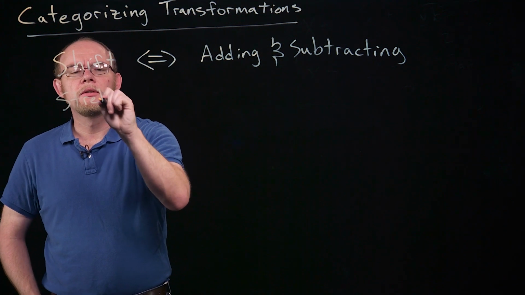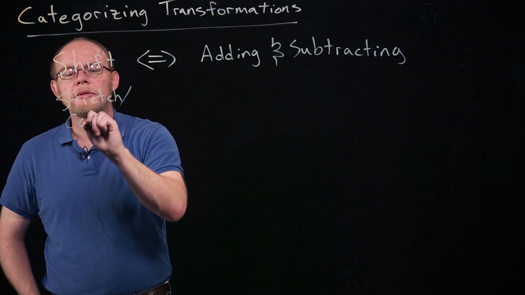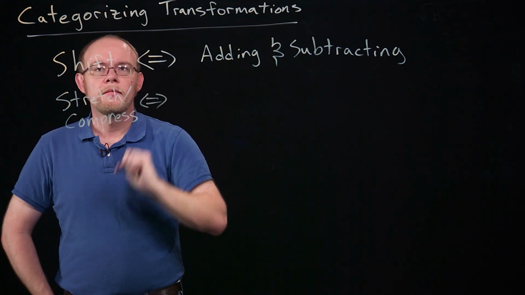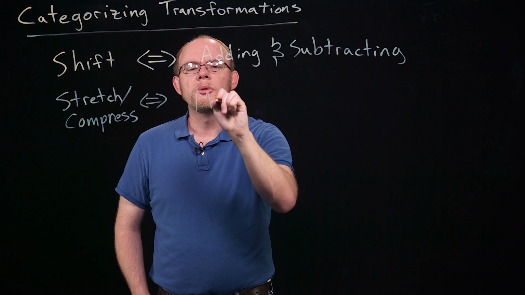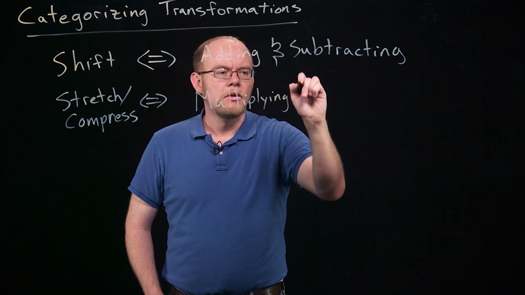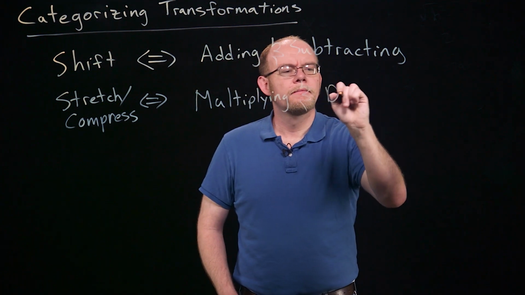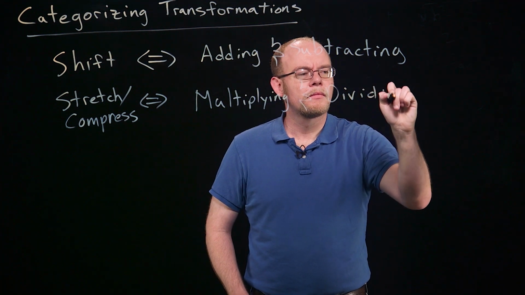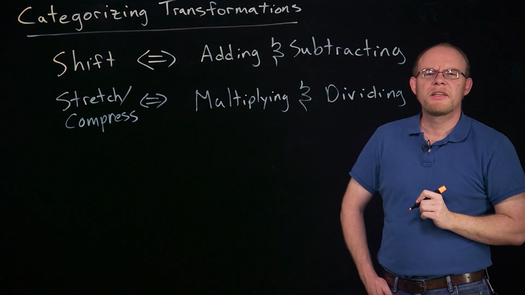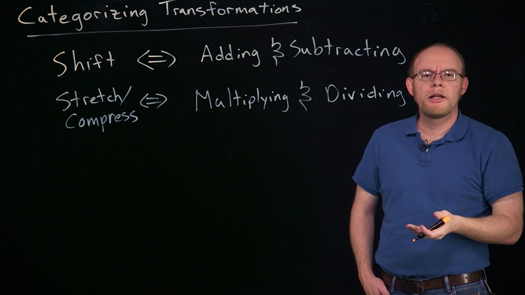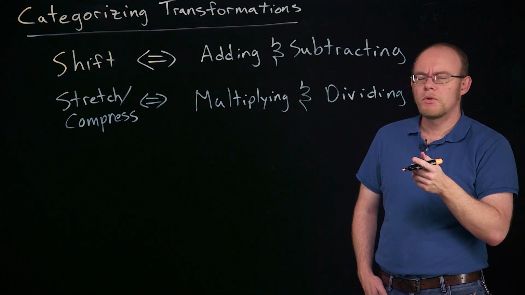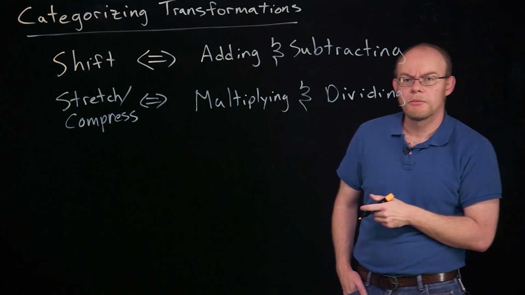The next thing we saw was stretching and compressing. And this was associated with either multiplying and dividing. Whenever you saw something multiplying a variable or multiplying a complicated expression, that was a sign that you were doing a stretch or compression of some sort.